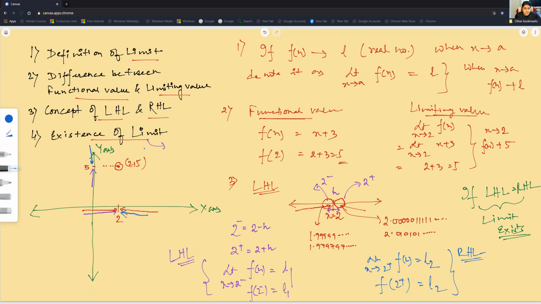So if the limit exists, then only we can solve any problem using limit, right?